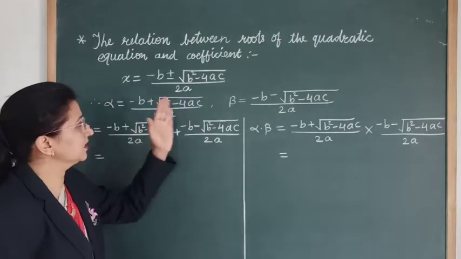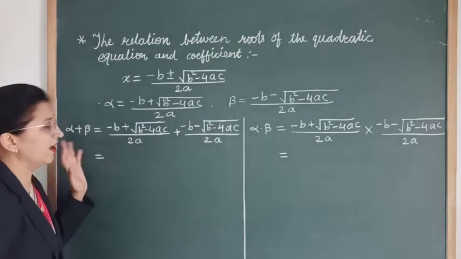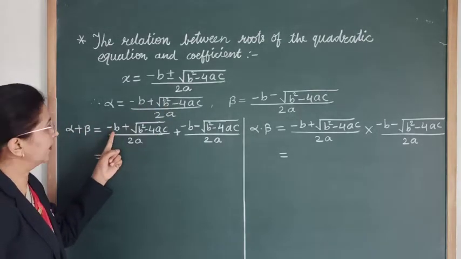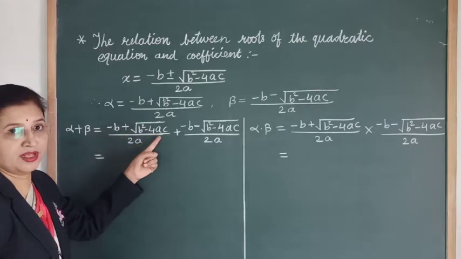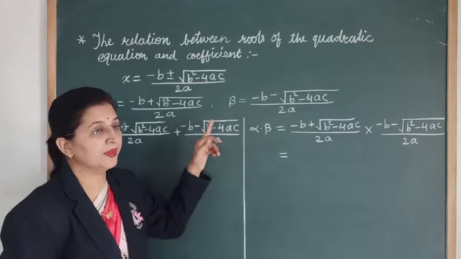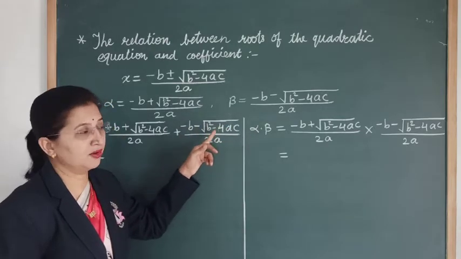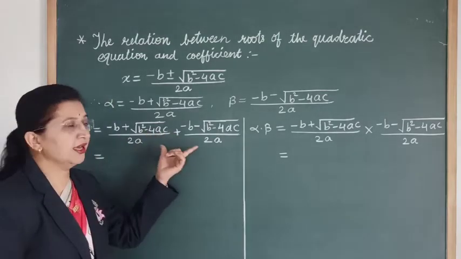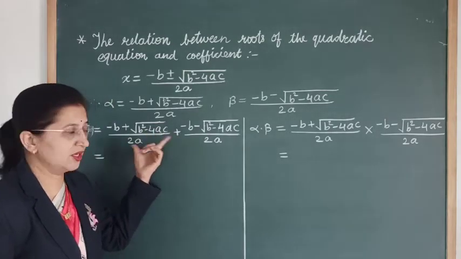Now let's add both roots, that is alpha plus beta. Alpha is negative b plus under root b square minus 4ac upon 2a, plus beta, which is negative b minus under root b square minus 4ac upon 2a. The denominators are already the same, so let's add them.